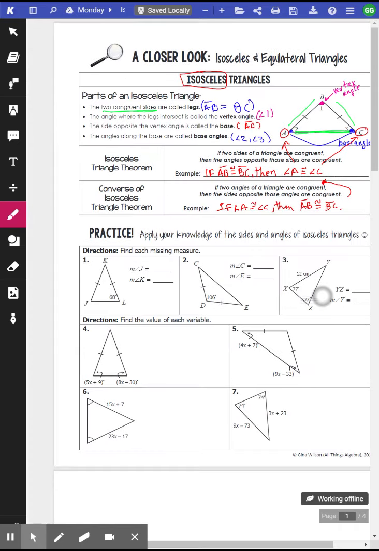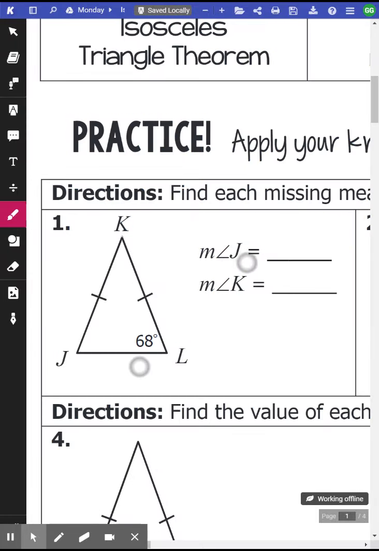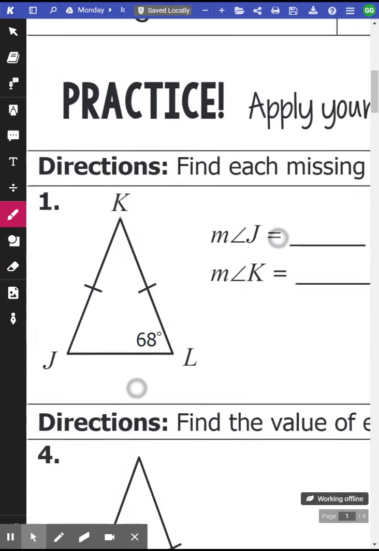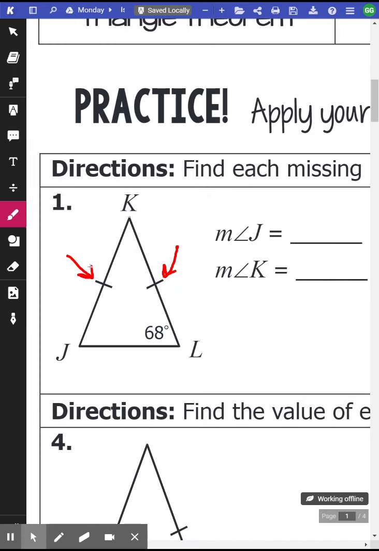All right, so now we're going to apply this information. Okay, these are just isosceles. That means two sides are equal. That means two angles are equal. So a lot of this stuff will be easy. Always pay attention to these marks. Okay, two sides equal. That means this is isosceles. So if two sides are equal, that means the two angles have to also be equal.